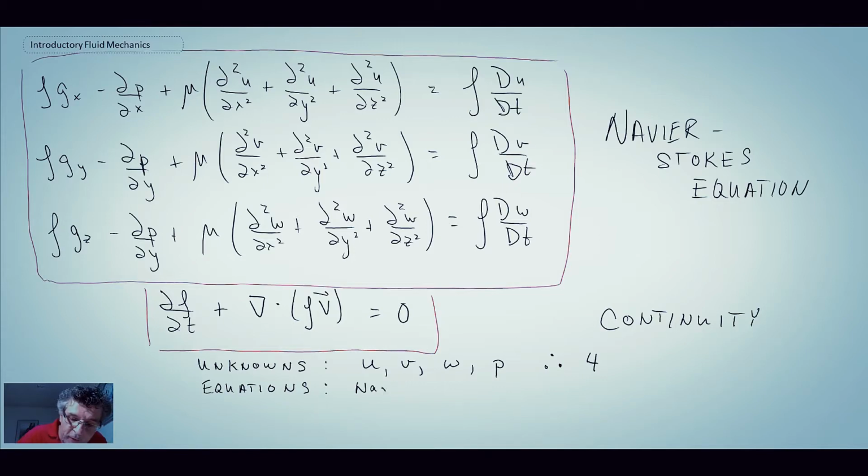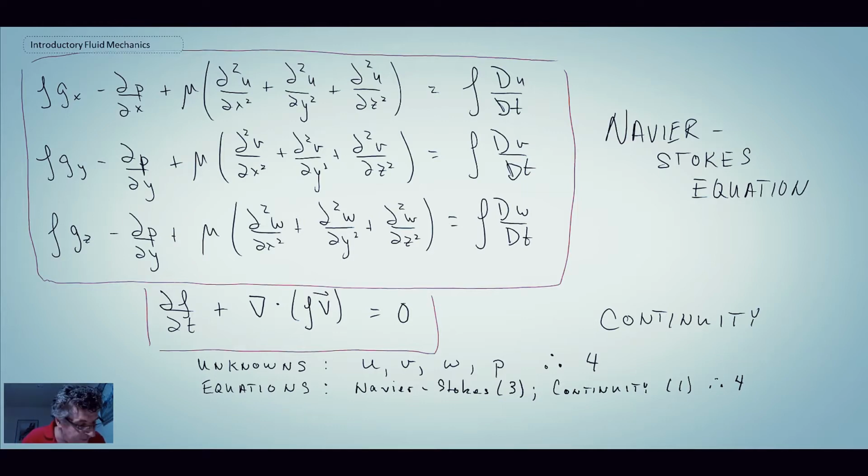We get three equations there, and we get continuity. And continuity provides one equation, therefore four. Now, I don't know about you, but I remember in math, they said if you had four equations, four unknowns, you could solve it. It's not so simple here.